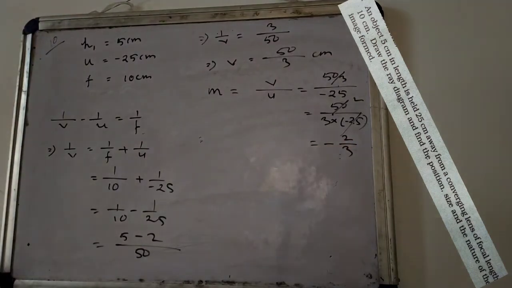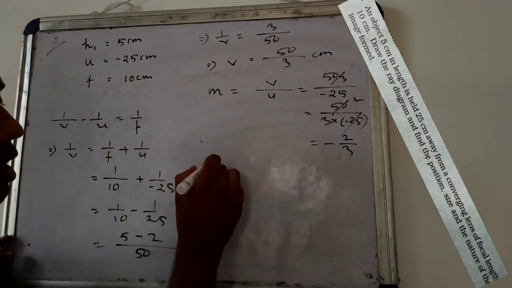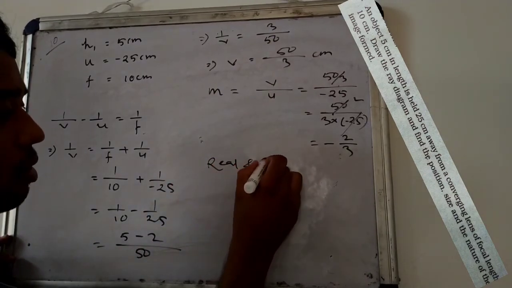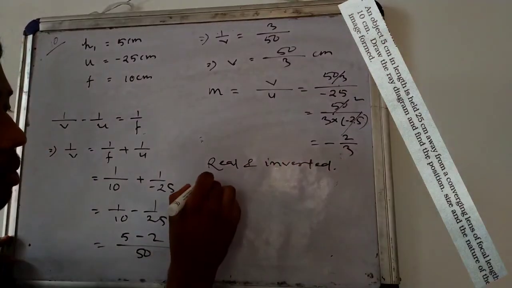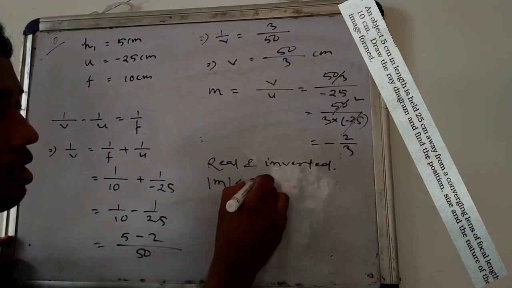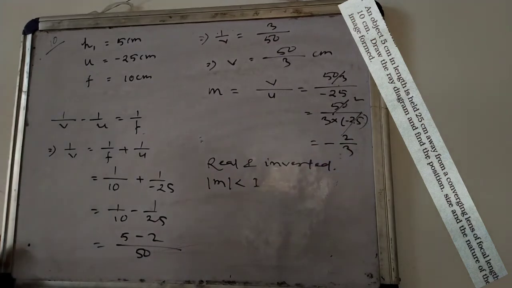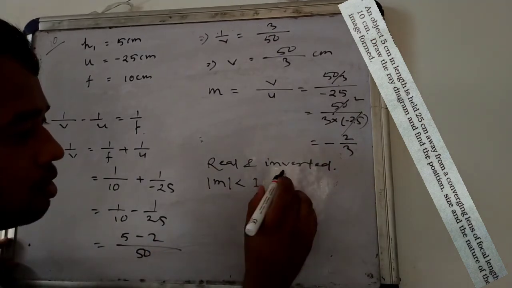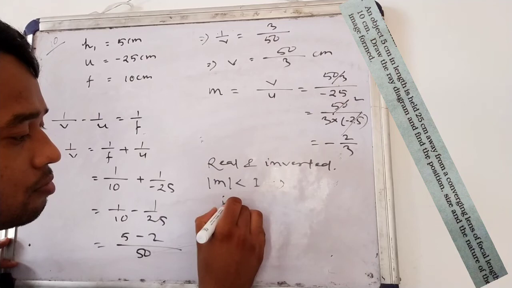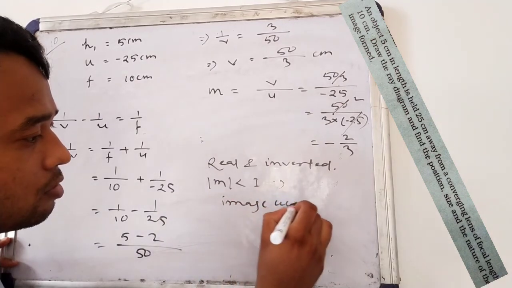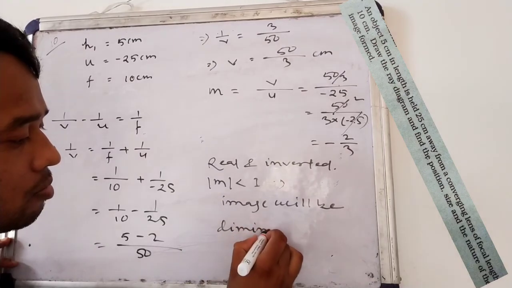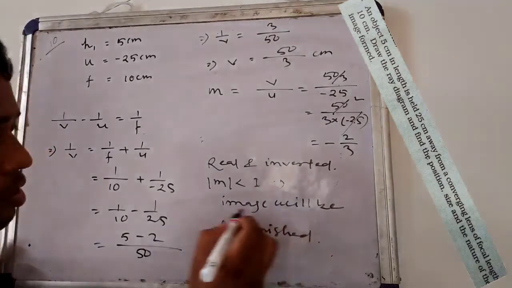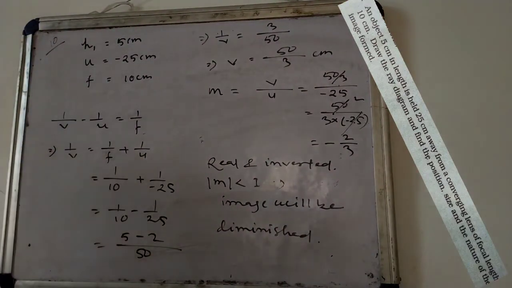So negative, so the image will be real and inverted, and since the magnitude is less than 1, 2/3 is less than 1, so the image will be diminished. So these are the nature of the image.